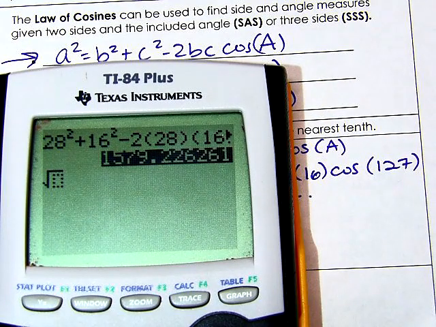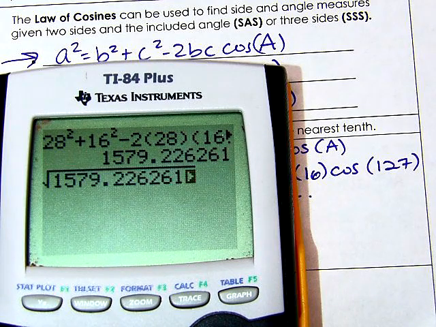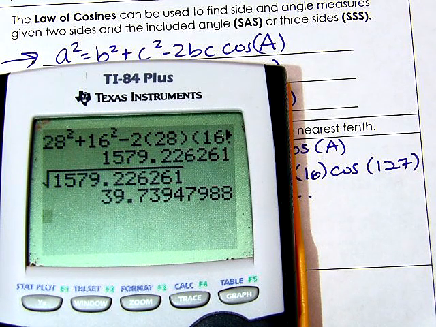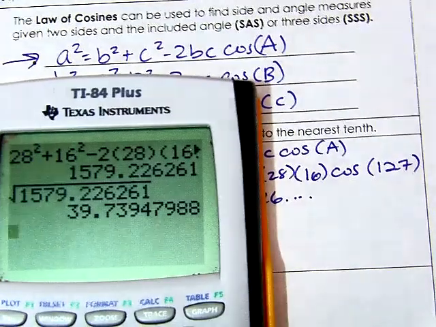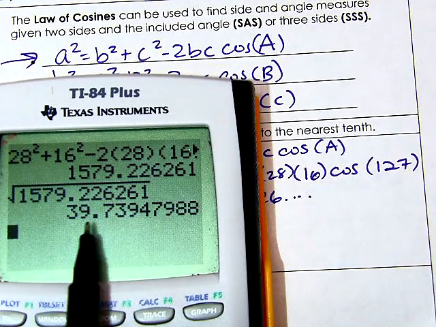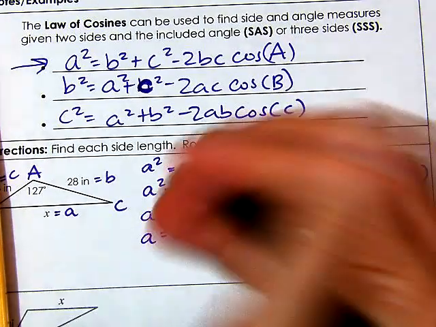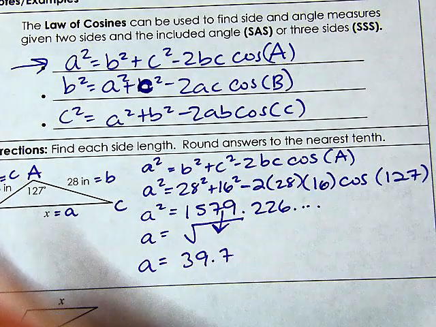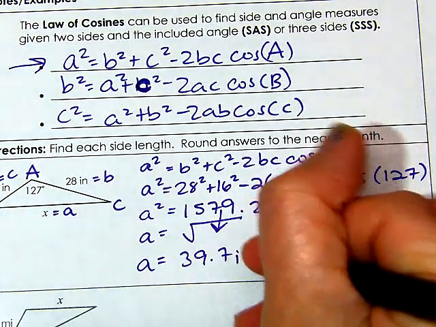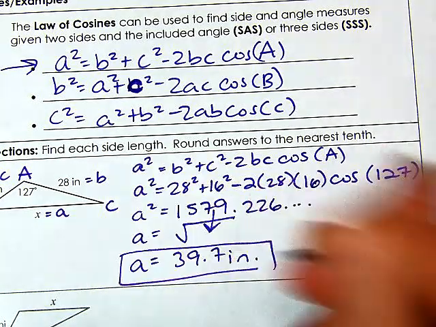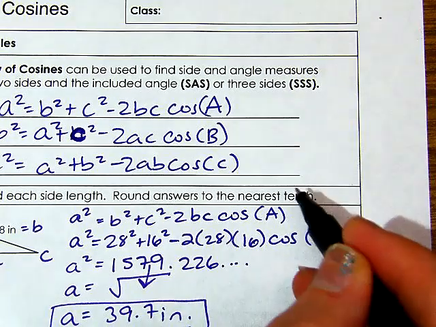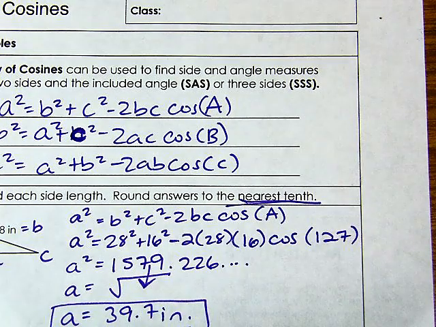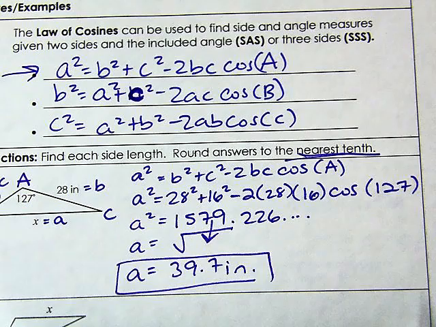And then I highlight my number, hit enter, it puts it under the square root symbol, and I hit enter again. So I get that side A is going to be 39.7. And it looks like ours are in inches for this problem. And I rounded to the tenths place because that's what they asked me to do in the directions. Always read the directions.